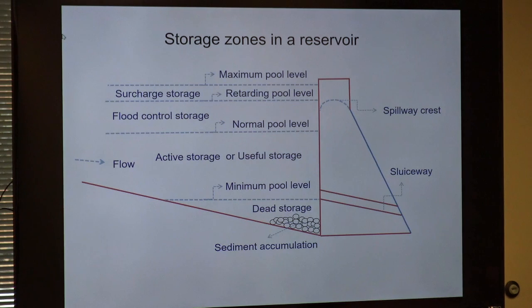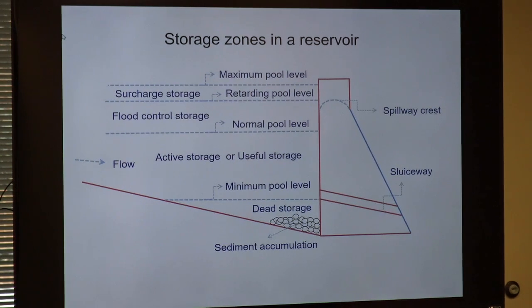Just to give you a little insight into what a reservoir in general would look like. And this is not different from what Scituate Reservoir looks like. So there is a bottom area where sediment accumulates, and it's called the dead storage, where you cannot really have much water extraction happening. There are different levels of intake pools there.